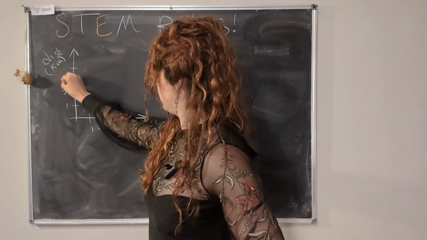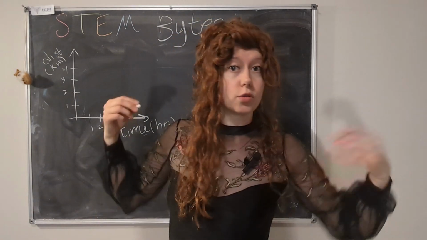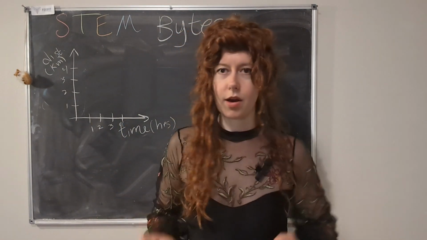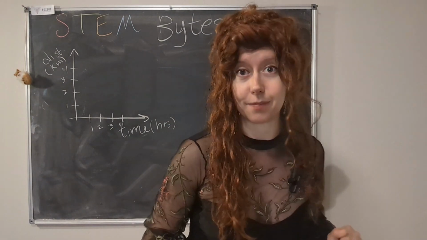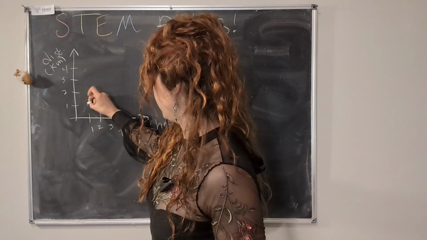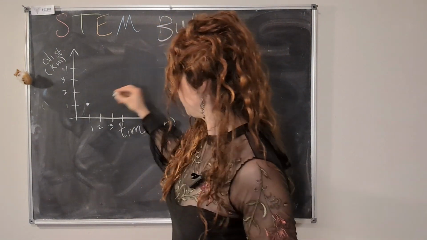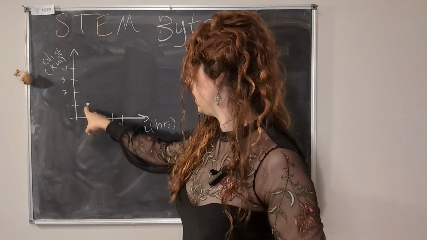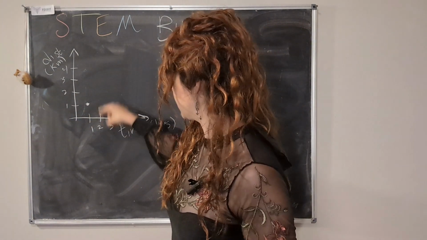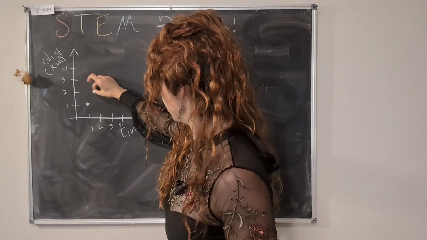1, 2, 3, 4. Let's say that we are riding our bicycle along, or maybe we're walking. We are taking our sweet time. Every hour we move 1 kilometer. So the first hour that we're walking along, we go 1 kilometer. By the second hour, we have gone 2 kilometers.